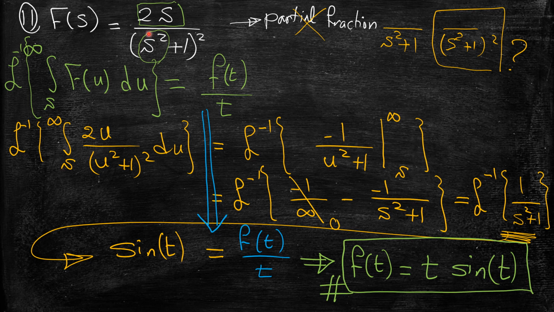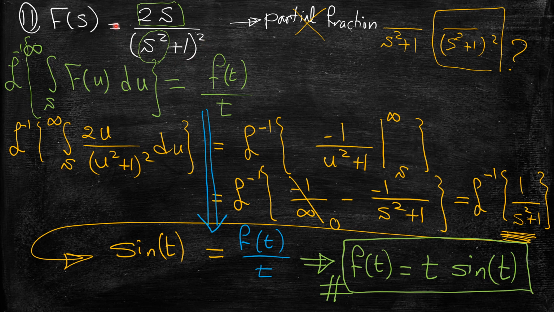Let's recap. We have 2s over (s squared plus 1) all squared, where this 2s is the derivative of the s squared term, which means we can integrate this whole fraction into another simple form. Why simple? Because we have the squared denominator, and by integration this power will be less, giving something with power 1, which is already in the table as sine or cosine.